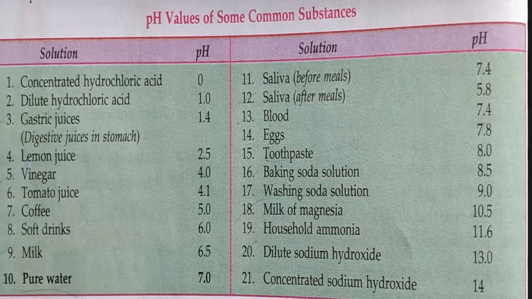Tomato juice is an acid. Milk is slightly acidic. Soft drinks 6. Like that, these are the common substances where the pH values are given. You have to learn all these values. And if you observe, saliva is 7.4 before meals, and saliva after meals is 5.8.